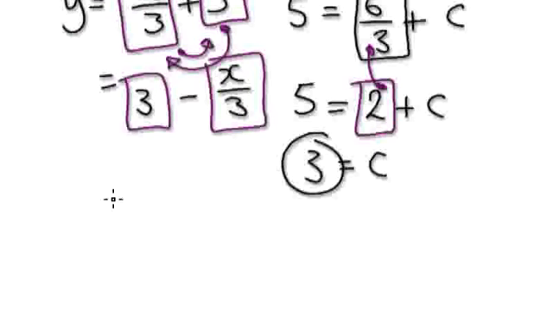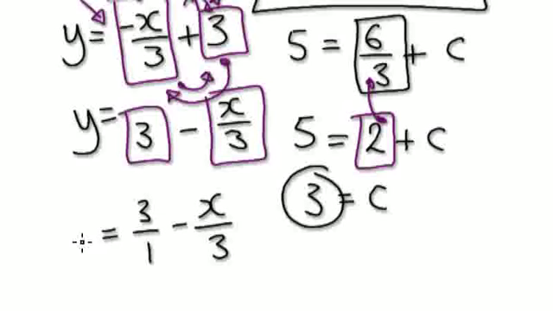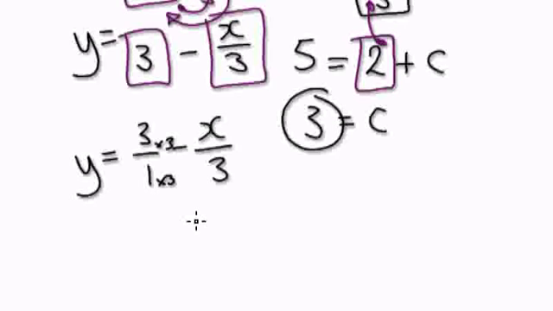Now let's try and merge the two together. Turn the 3 into a fraction, 3 over 1, and multiply top and bottom by 3. We need to get the two denominators to be the same.